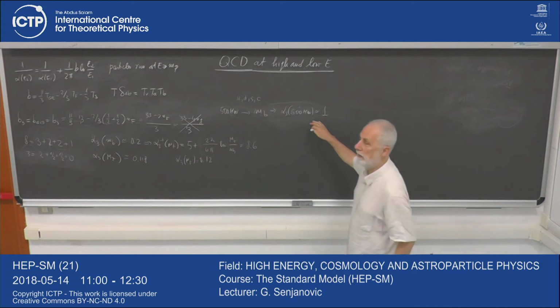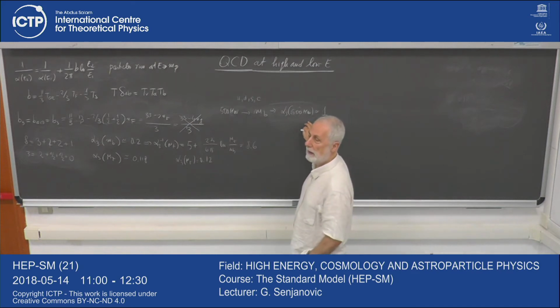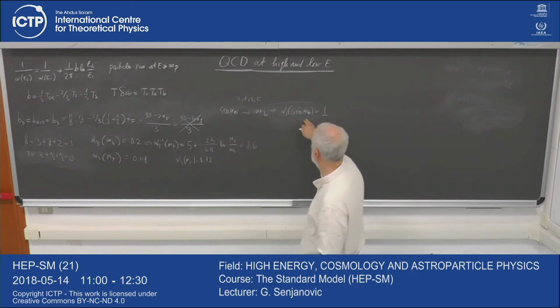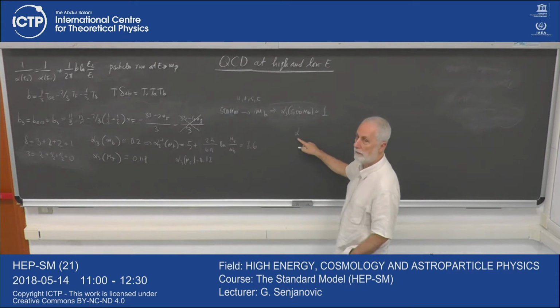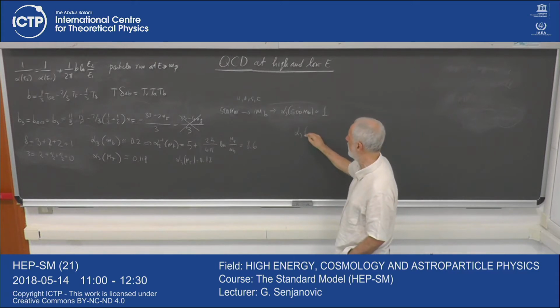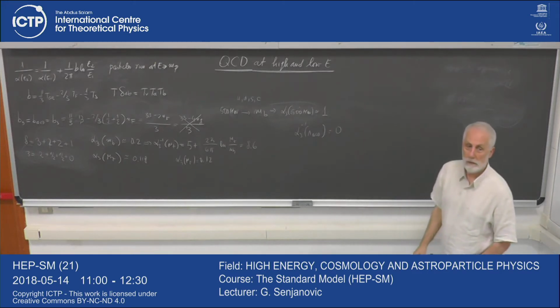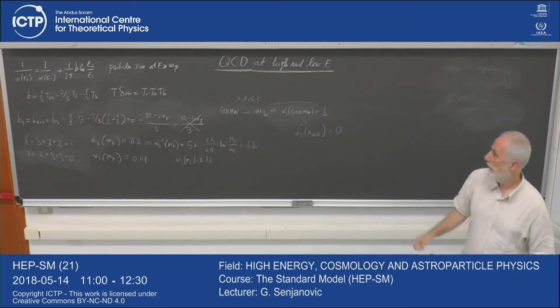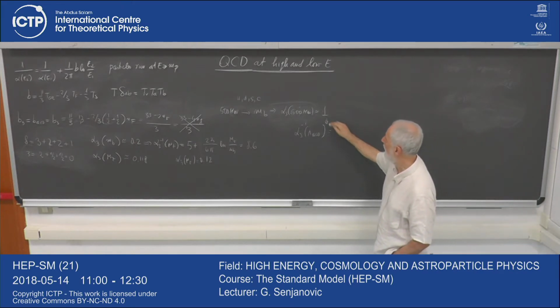So you see what's going to happen? That there will be an energy, obviously. Let's go to lower energies even. There's going to be some energy that I can call lambda QCD, such that this is 0. You agree?